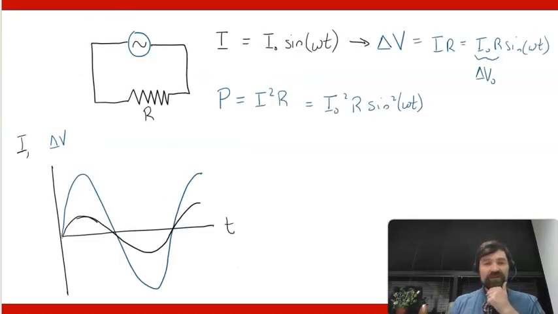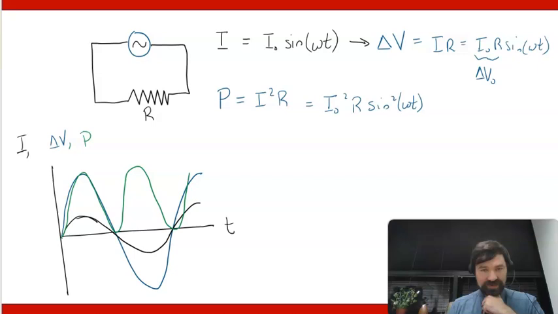Same basic idea, except that you have squares going on here. So your power graph for this is going to look more or less like this, and then it tapers down to here, and then it comes back up, and it tapers down to here, comes back up, and it tapers down, etc.